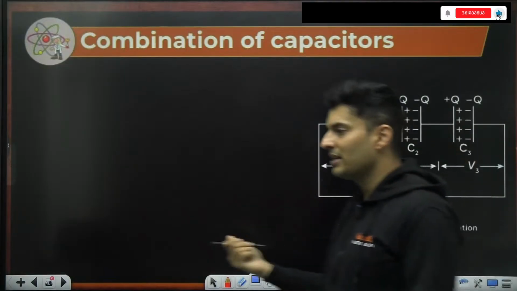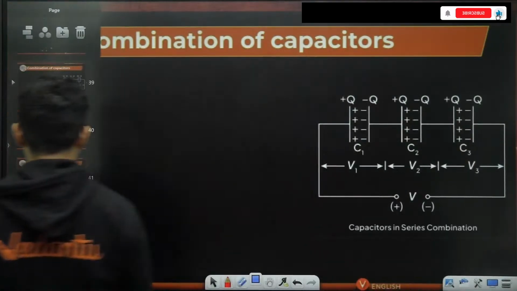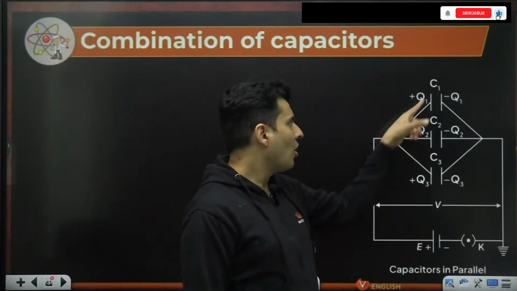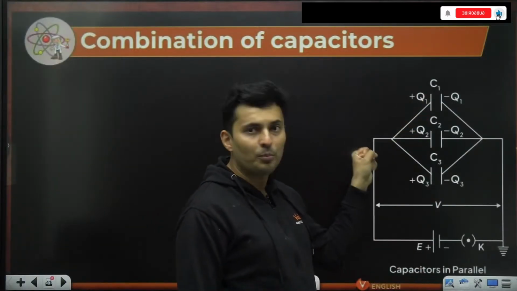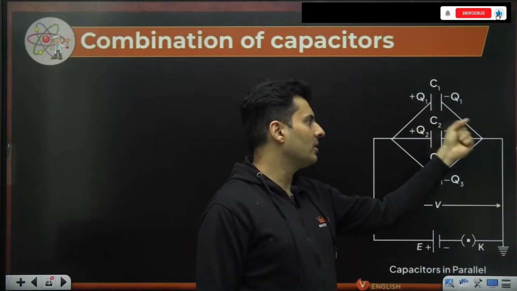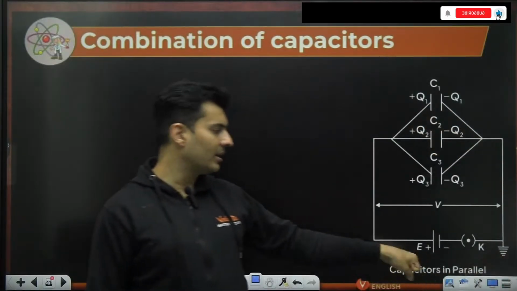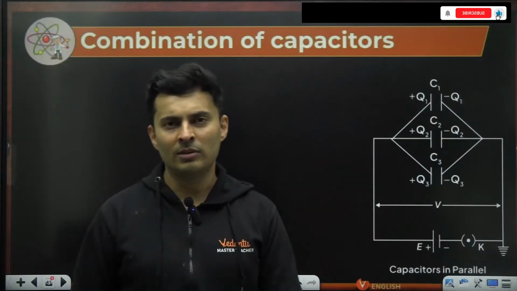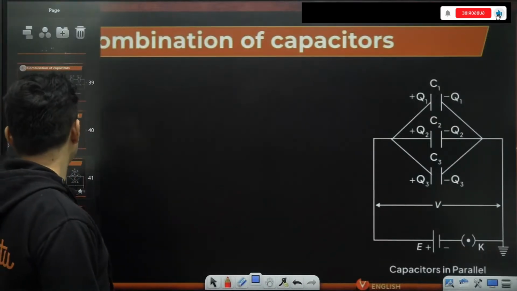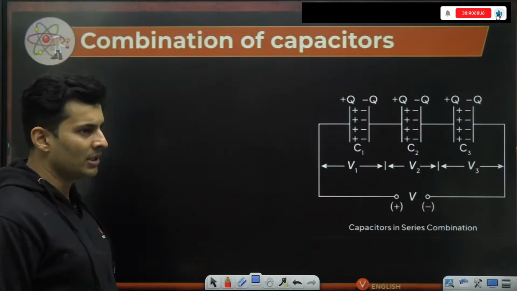That is basically your series combination. The other arrangement possible is parallel combination. All the terminals on one side are bunched, connected to one terminal of the battery. All the terminals on the other side are bunched together and connected to the other terminal of the battery. This is parallel combination, of course, and this is nothing but your series combination.